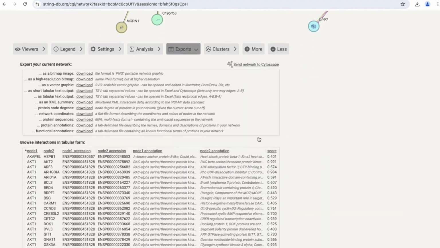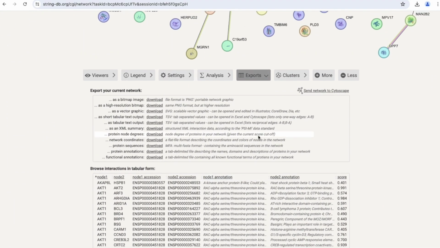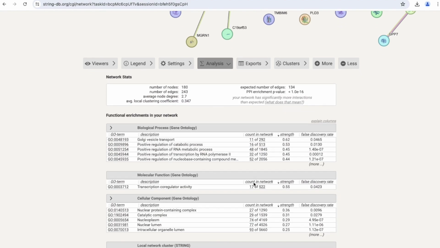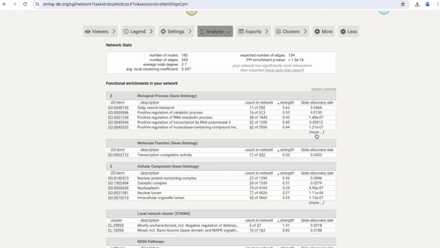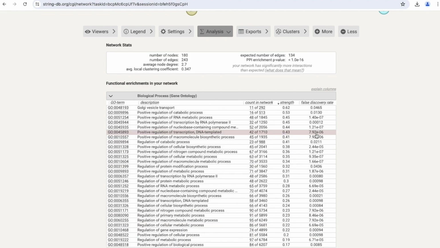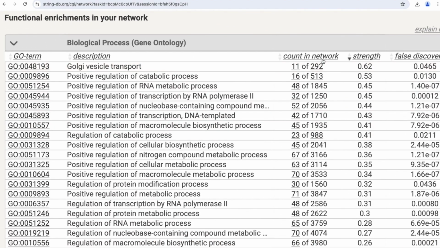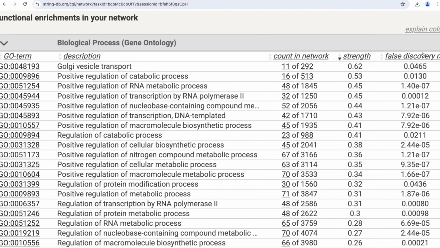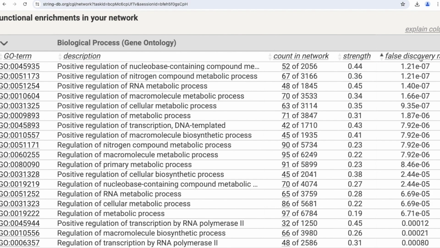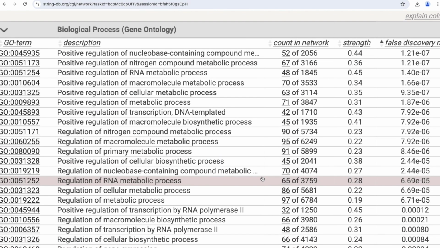Let's figure out what these genes do. So if I go down to analysis, I look at biological processes. I can sort by false discovery rate. Containing metabolic, cellular, a lot of metabolic stuff.